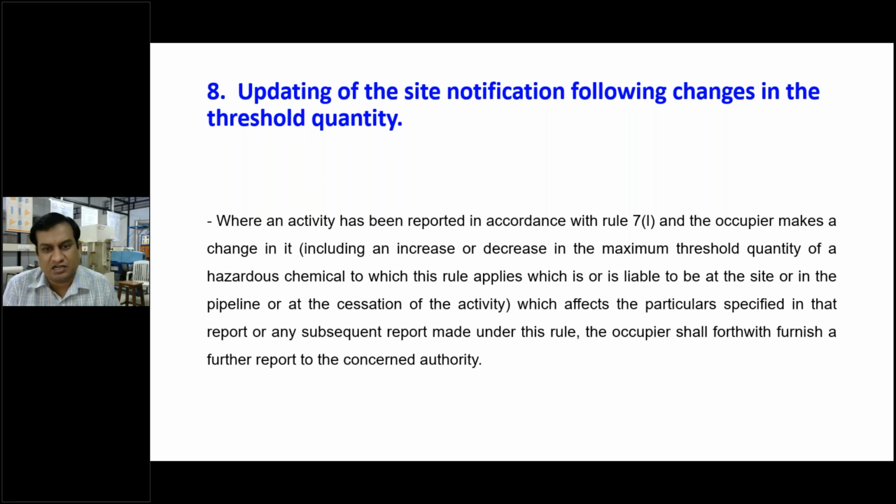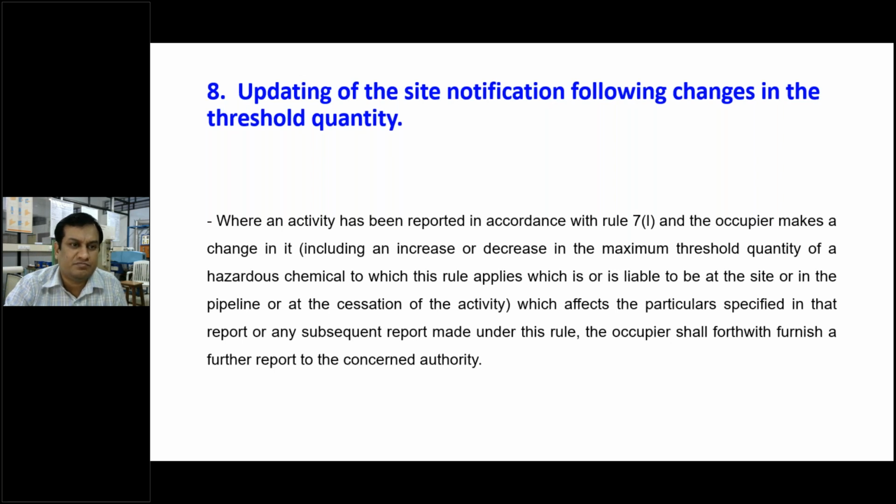If the hazards are different, if the hazards are becoming severe from the normal case, then you have to take some safety measures, you have to take some steps to avoid major accidents. And for that purpose, you have to again make a modified report and you should submit it to the concerned authority.